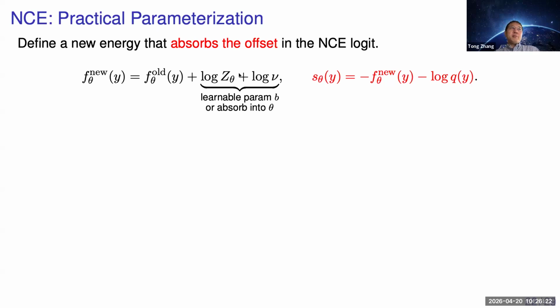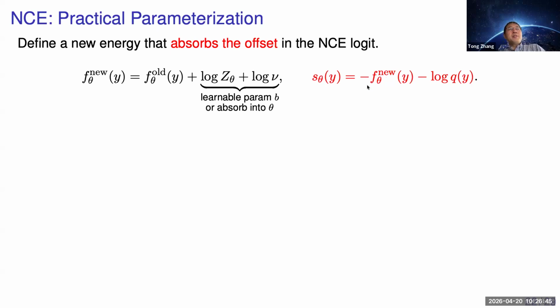And for a conditioned model, this b would be b of x, depending on x. But for our purpose, we can say, oh, just absorb it into theta. Theta already has a translational parameter. You can think about a typical neural net, right? You could have b in the final output of your logits, and then it's absorbed into your theta, the network.